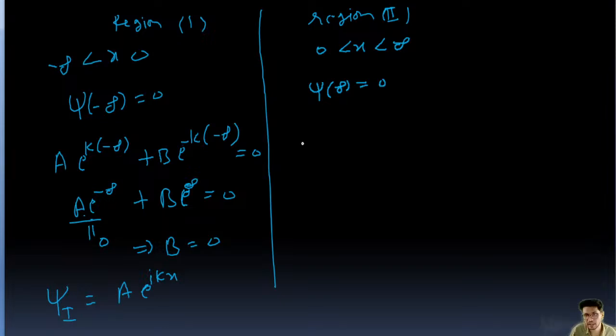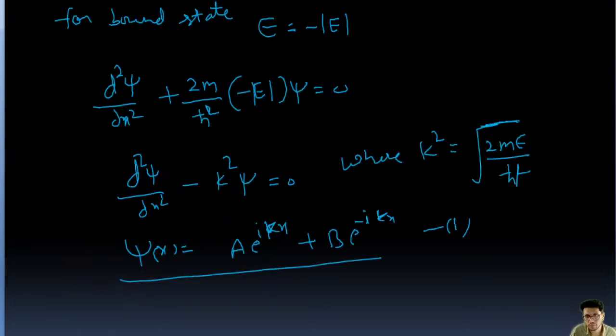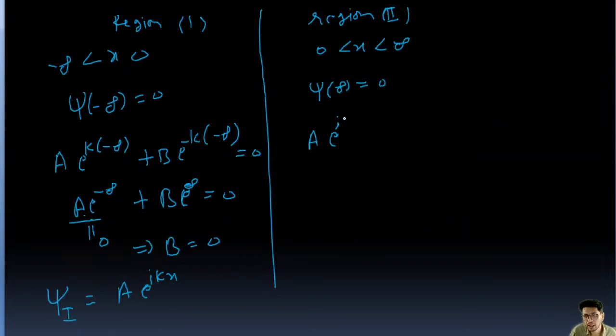Again we'll put the value in equation 1. So a e to the power k into infinity plus b e to the power minus k into infinity equal to 0.